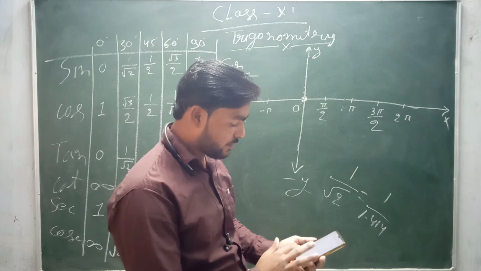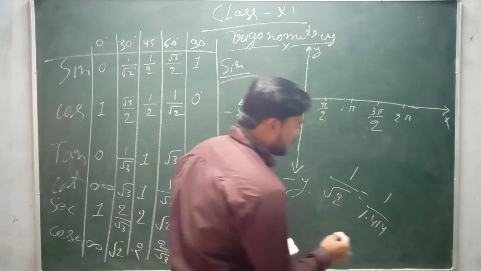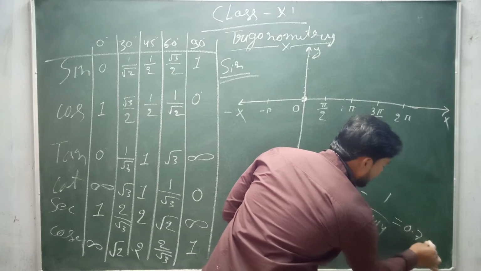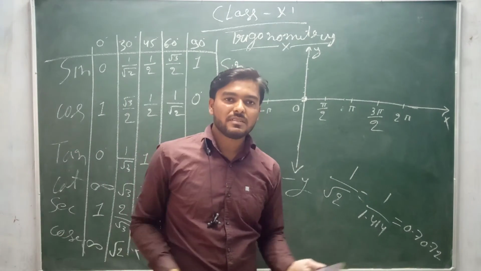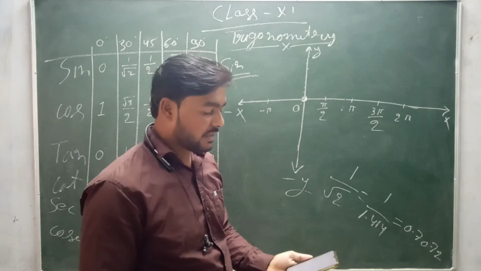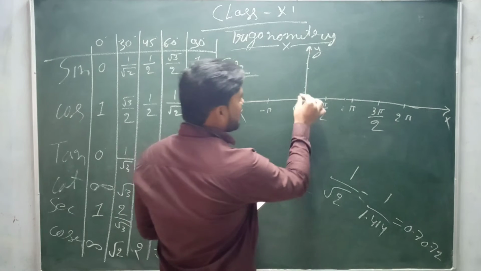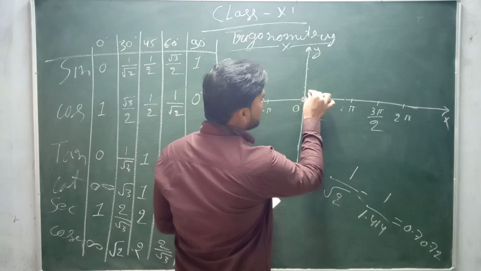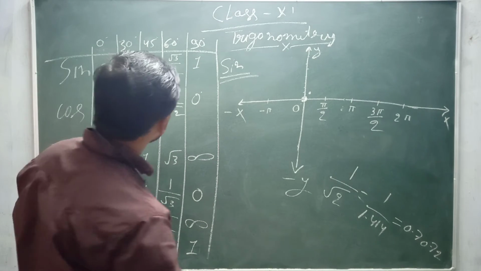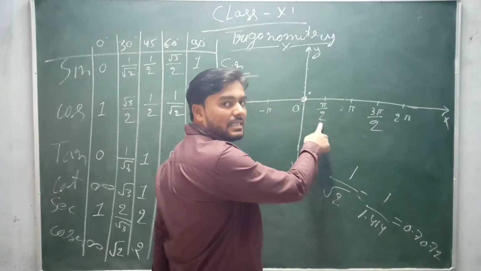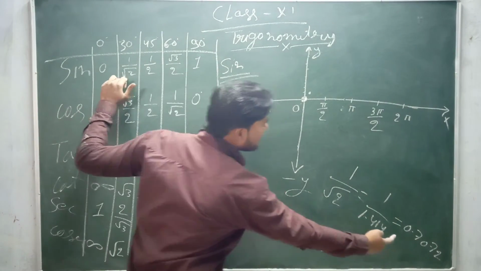1 upon 1.414 will be 0.7072. You can calculate with pen and paper; I am writing directly using a calculator. Sin 30 is 1 by root 2, equal to 0.7072.